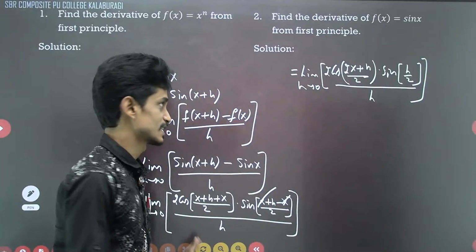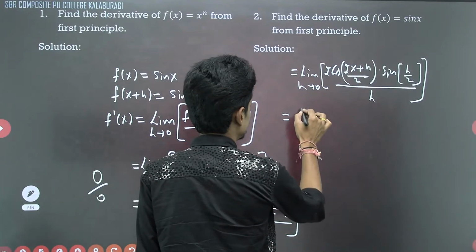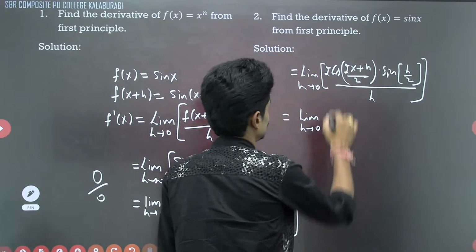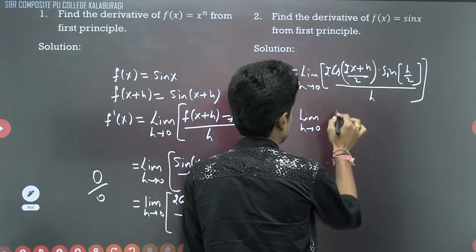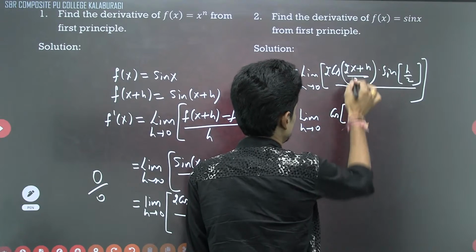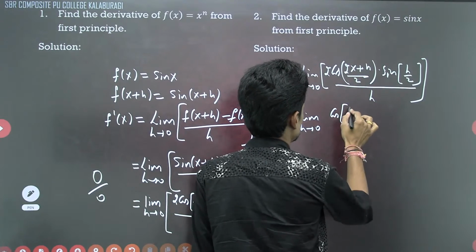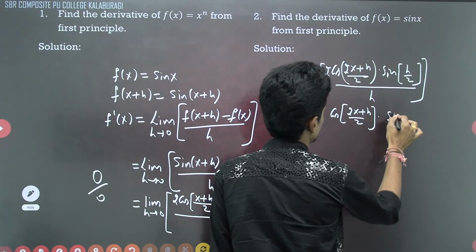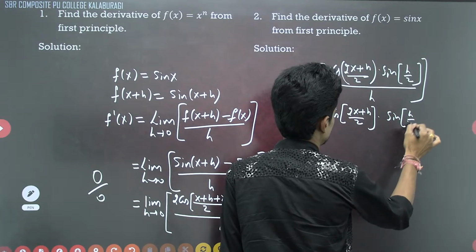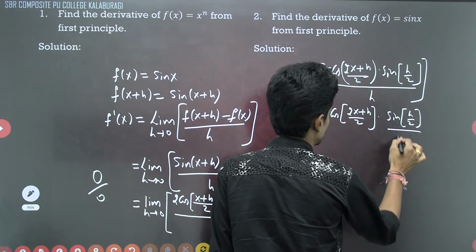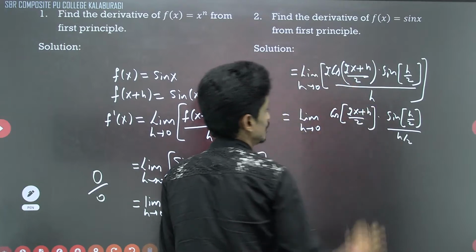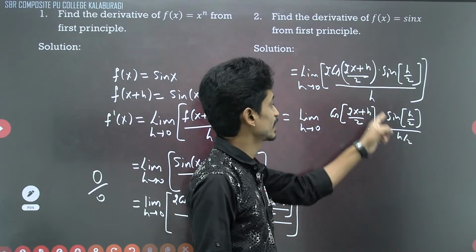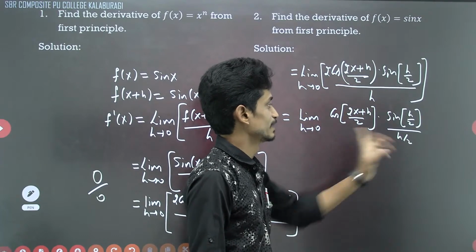I have just simplified inside the bracket. Then how should the limit exist? Limit as h tending to 0. Now I'll separate it: 2 times cos of (2x plus h) by 2 into sine of h by 2 divided by h by 2. This 2 I have shifted to the denominator, dividing numerator and denominator by 2, then the 2 cancels and it becomes h by 2.